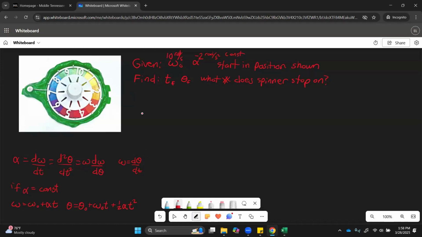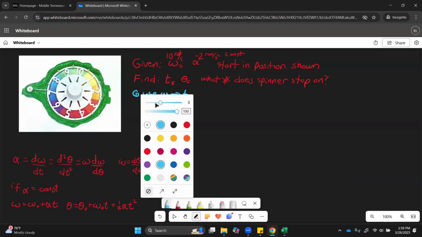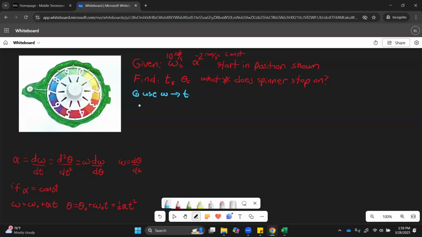So step 1: use omega to solve for t. We have omega equals omega initial plus alpha t. Putting in the 10 radians per second, and alpha decelerating at 2 times t, we know the wheel stops when the angular velocity equals 0.